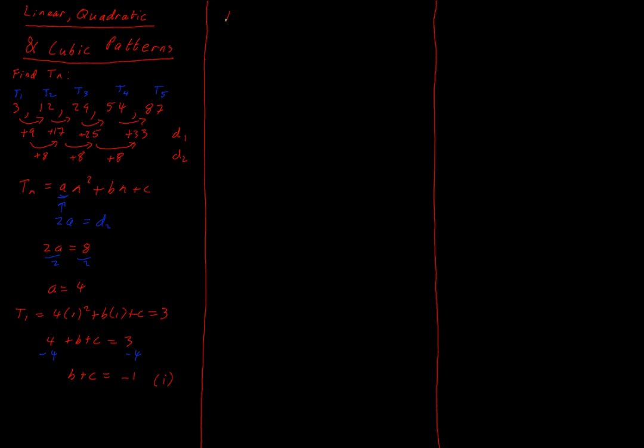Next thing, the second term in our pattern is 12, so that's when n is 2, so we have 4 on 2 squared plus b on 2 plus c is equal to 12.